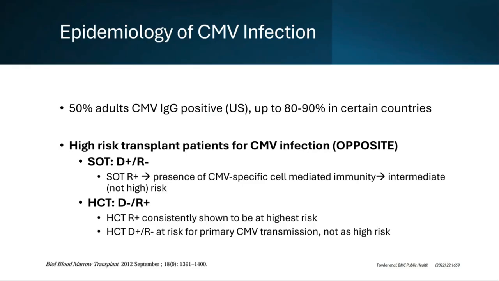And the explanation behind it, specifically for organ transplants, remember that if you are recipient positive, there's a presence of CMV-specific cell-mediated immunity, and that's why you have some forces in your body to at least keep that infection under control. So those patients are considered to be at intermediate risk, compared to donor positive, recipient negative, which is the highest risk.